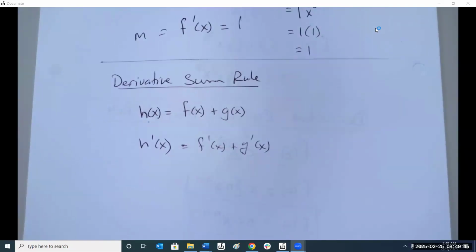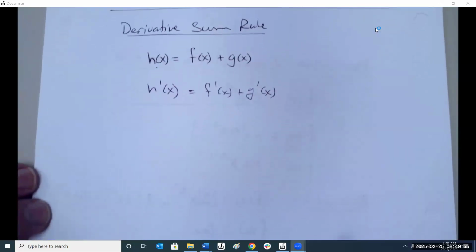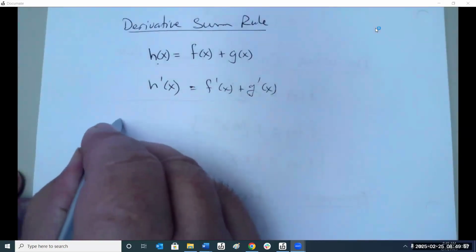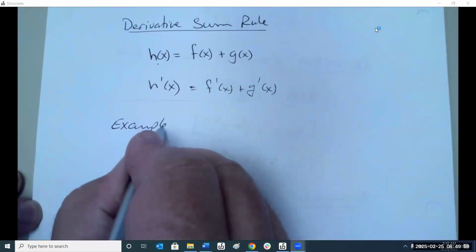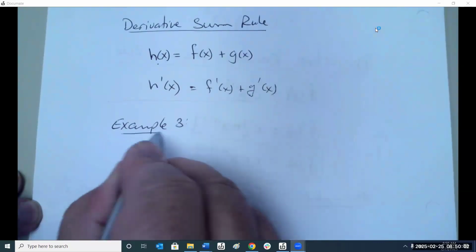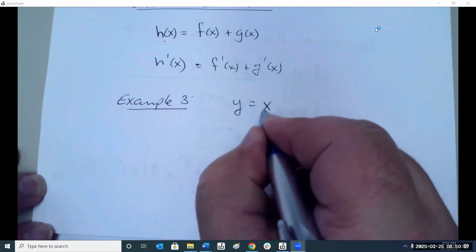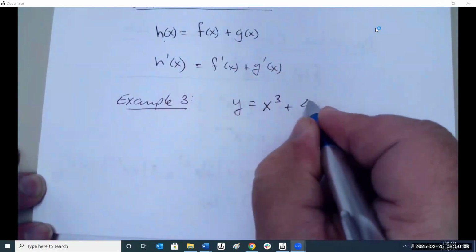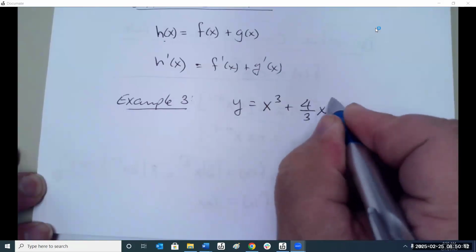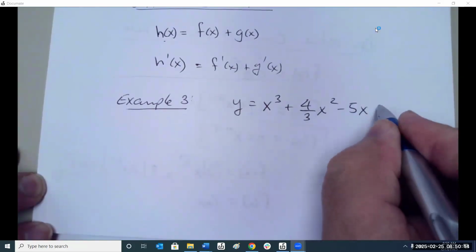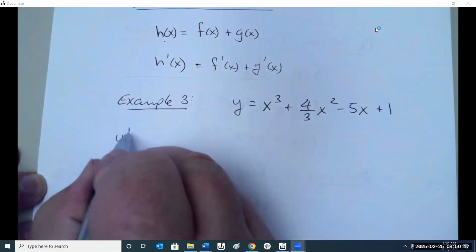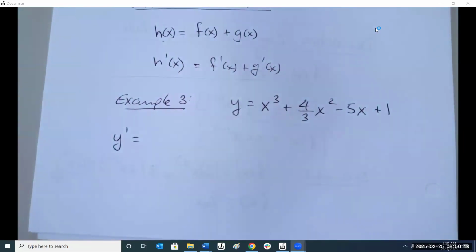Because with the sum and difference rules, you treat them both independently. Look at an example here. Find the first derivative of this function.